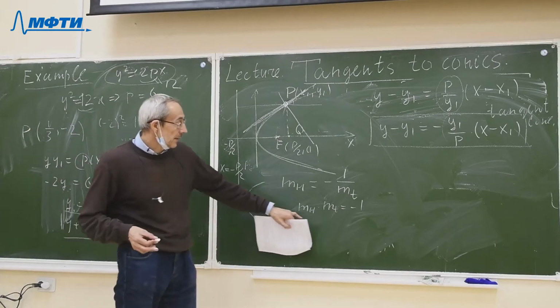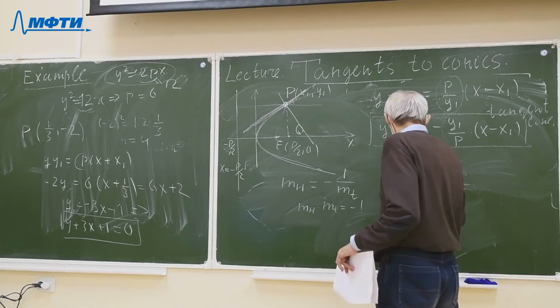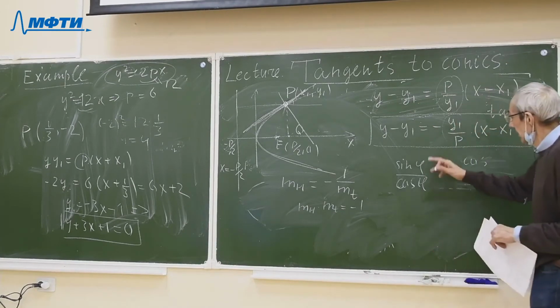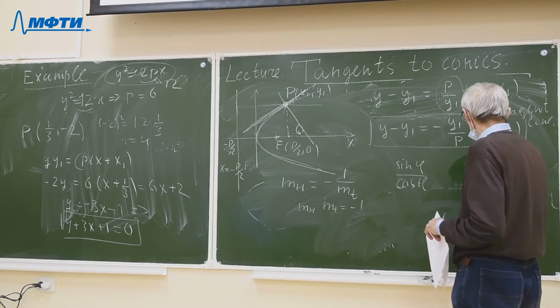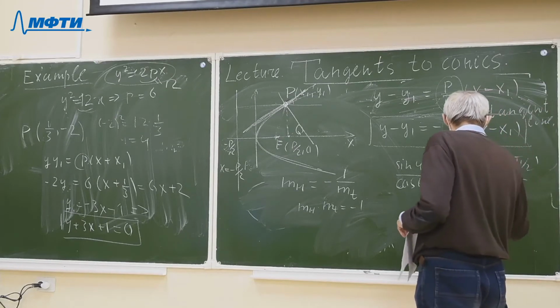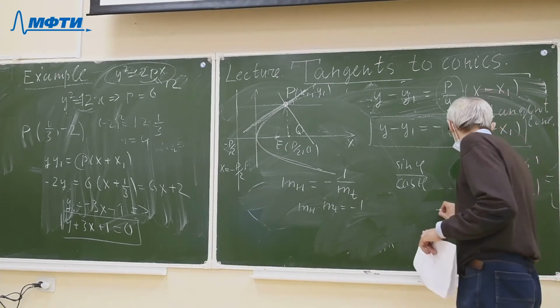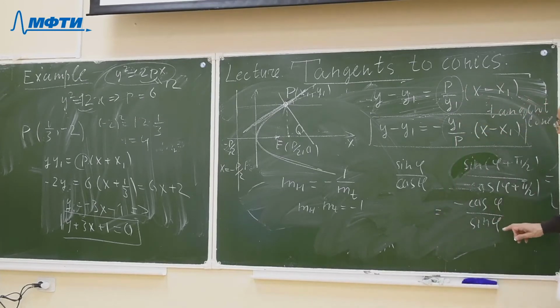We change sine and cosine and change one of the signs. In this case, if we consider the ratio sine phi over cosine phi, and we change the angle by pi over 2, we obtain minus cosine phi divided by sine phi, and the product of this expression and this expression is exactly minus 1.